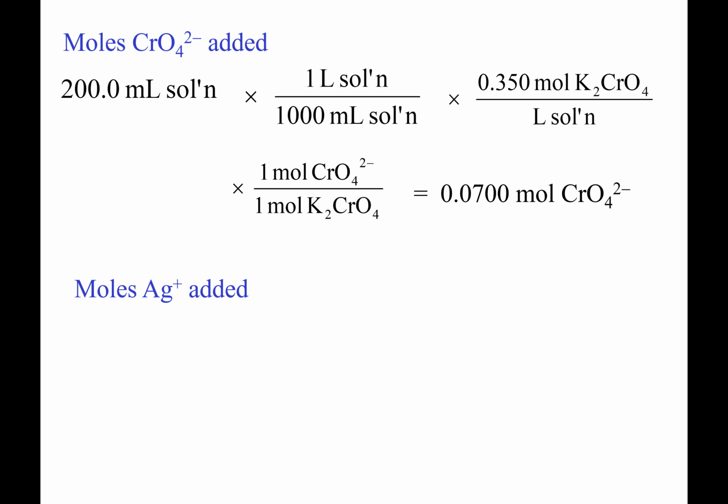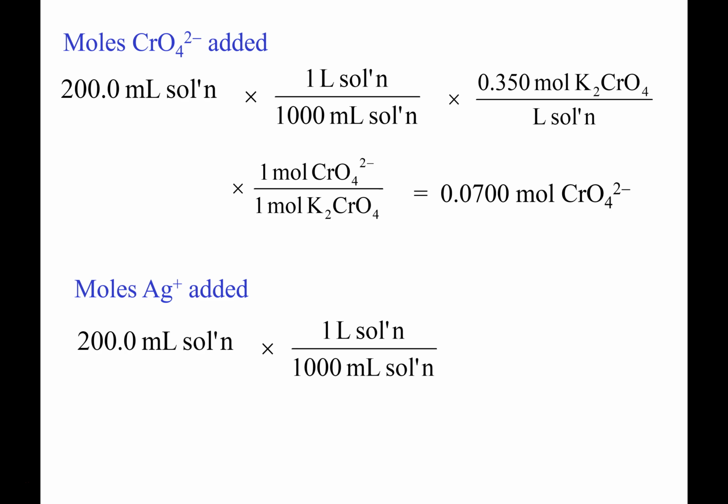All right. So before we do that, let's go to the other side, the silver ion. Do a similar pattern. So we had 200.0 milliliters of that solution. Go ahead and convert it to liters, 1 liter over 1,000 milliliters. If we introduce molarity as our next term, 0.0100 moles of the salt, so that would be moles of AgNO3 over 1 liter of solution.